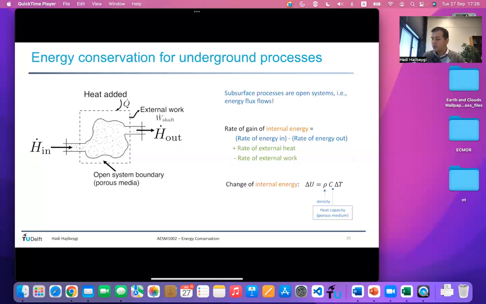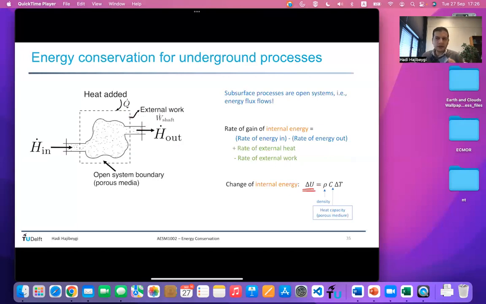Now, what is the change of internal energy? For the total system with the given density that I have, change of internal energy of my system is Cp dT, that's the thing that we already just discussed, times density. Now, I like to multiply things with density instead of dividing by density here.